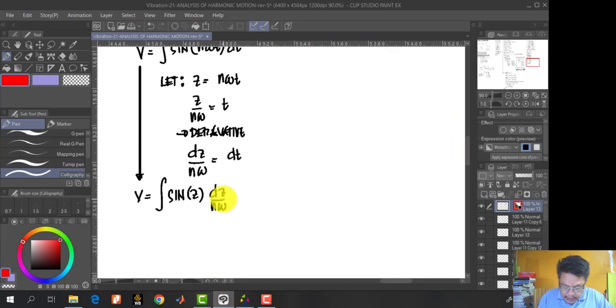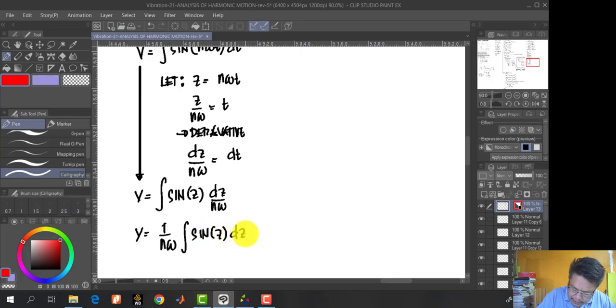The denominator we can take out, since this is a constant, so I can put it outside my integrand, the one over angular velocity. Then that will be sine of your z, and this is now dz.